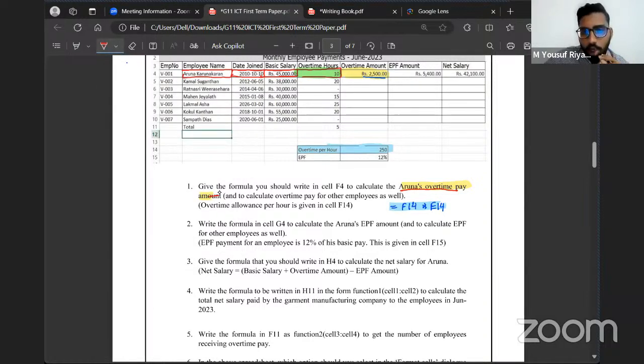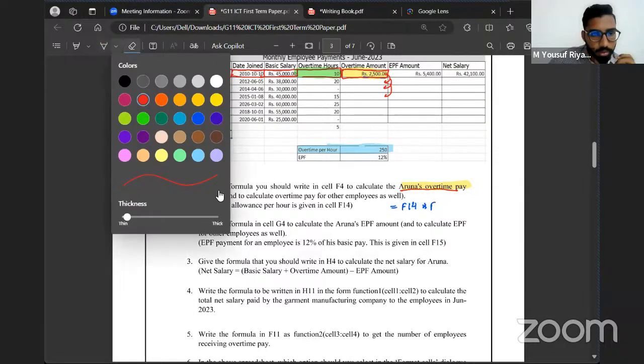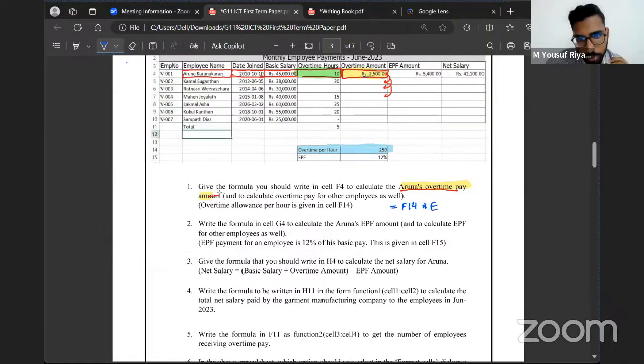If I copy this formula from Anura, I mean from this cell, if I copy the formula for the below cell, or the next cell, okay, is it E14 or E4? Sorry, E4. My bad, it should be E4 here.